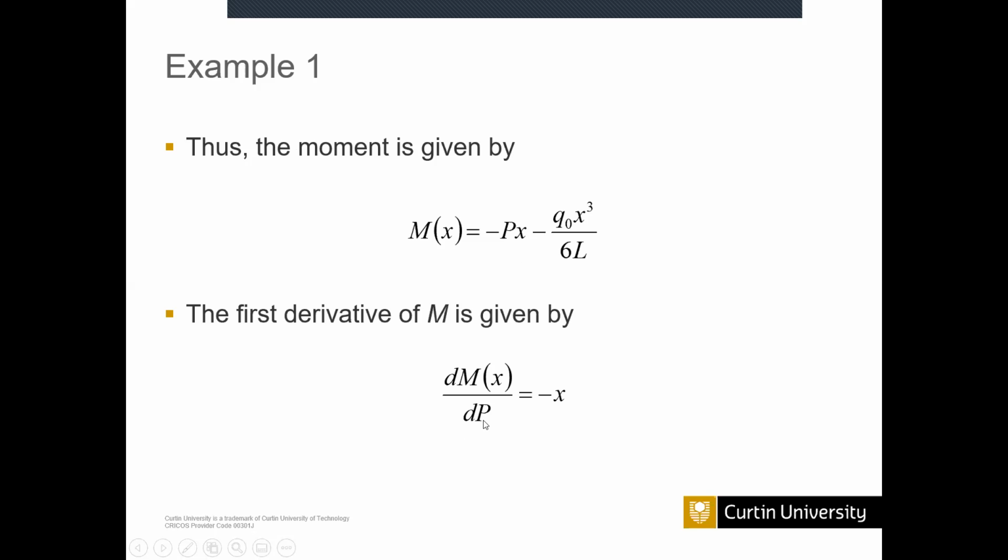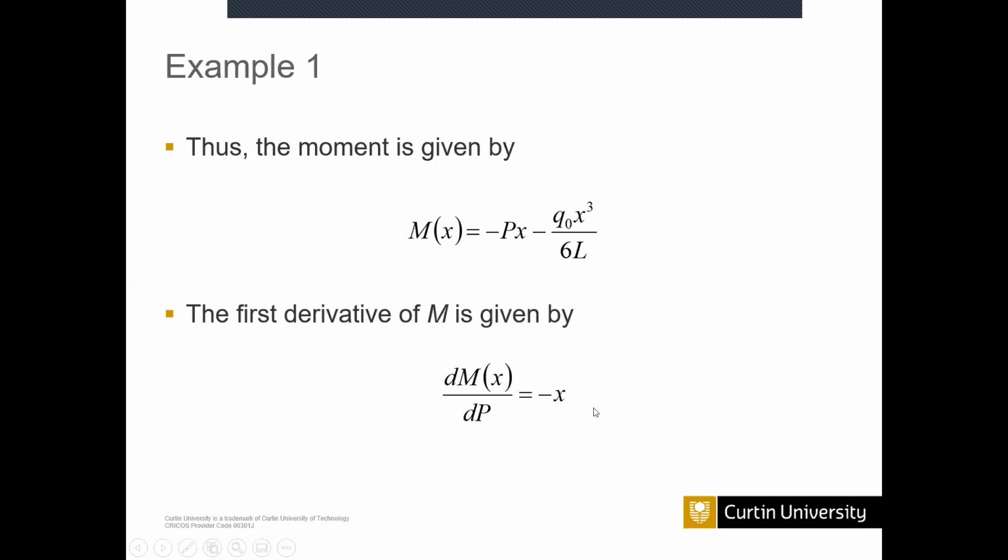If you differentiate with respect to x, it will be minus P. I think you know partial differentiation from mathematics. So this is the first derivative of the bending moment with respect to P. I hope it's clear.